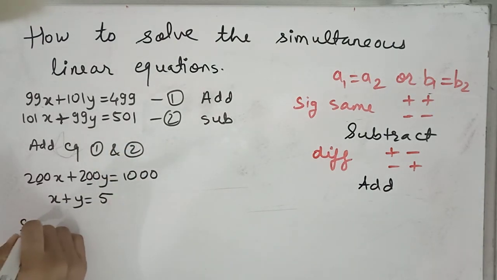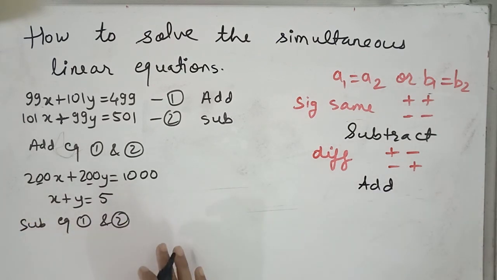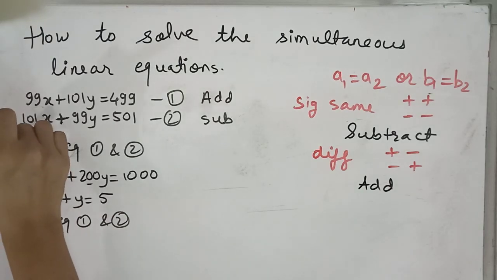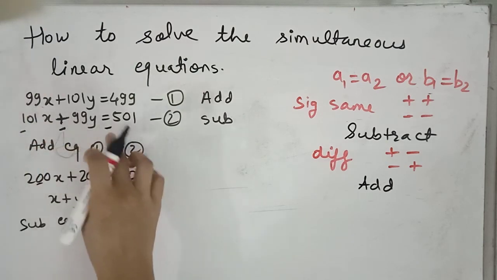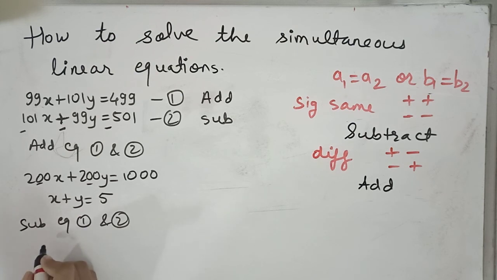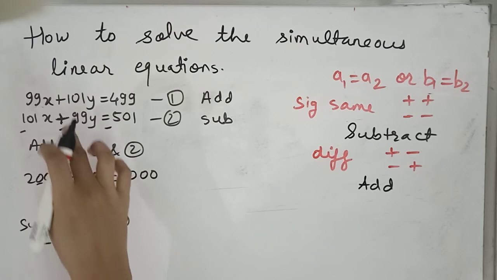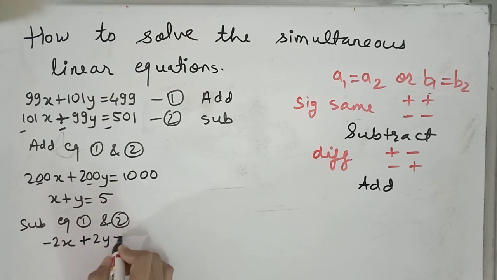Now we're going to subtract the equation 1 and 2. While subtracting we have to change the signs for the second equation. So this will be minus, minus, minus. So this will be 99x minus 101x, that will be minus 2x, 101y minus 99y, that will be plus 2y is equals to 499 minus 501 will be minus 2.